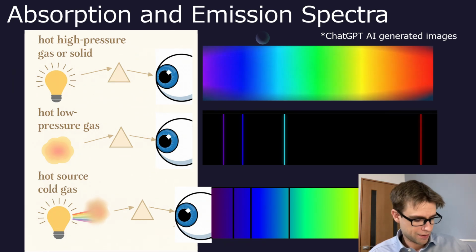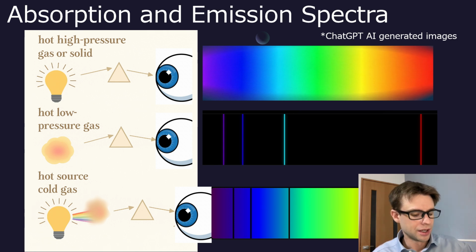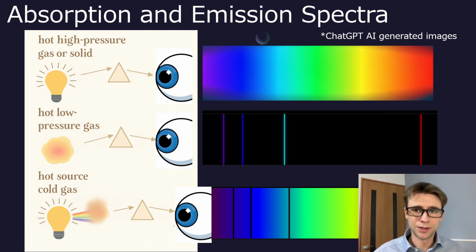So if you have a hot, high-pressure gas or solid, and you pass the light that comes out of that through a diffraction grating of some type, for example, like a prism maybe, as shown here on my slide, then the light that reaches your eyes will be a continuous visible spectrum. All the colors there, basically all the wavelengths you can imagine.